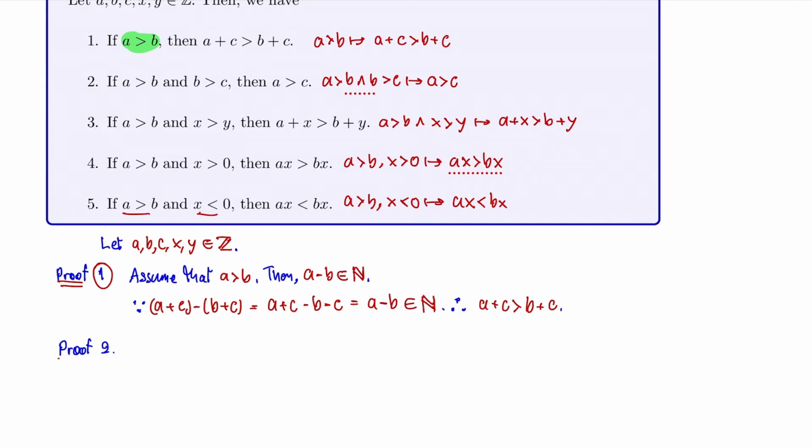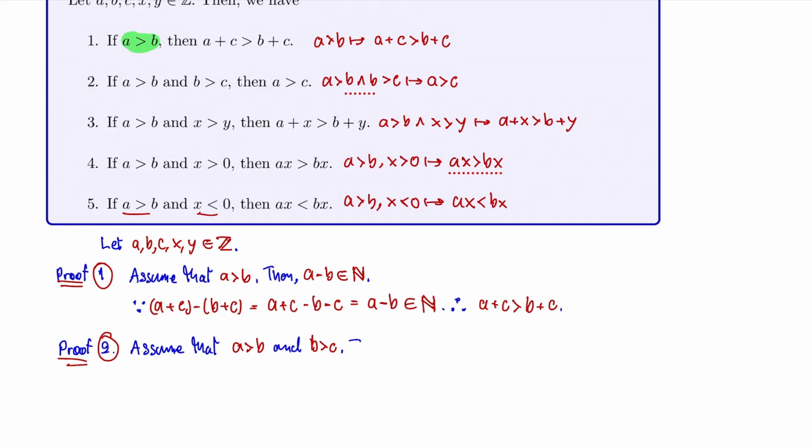How to deal with number two? For number two, if a is greater than b and b is greater than c, then a is greater than c. Okay? So I will assume that a is greater than b and b is greater than c.